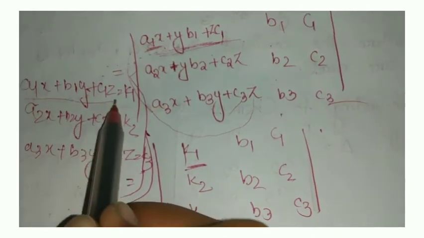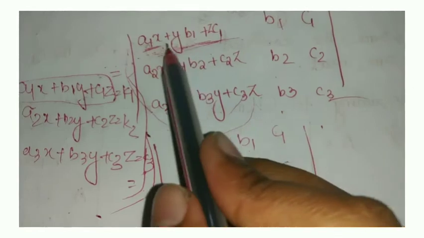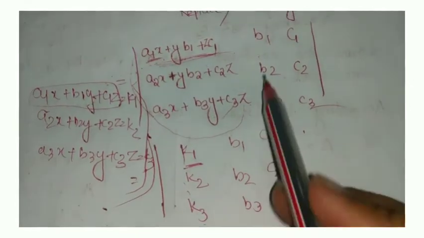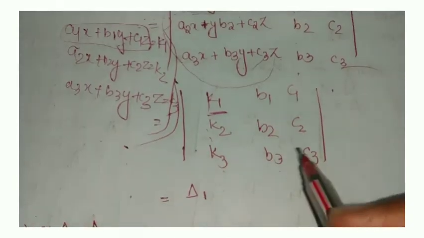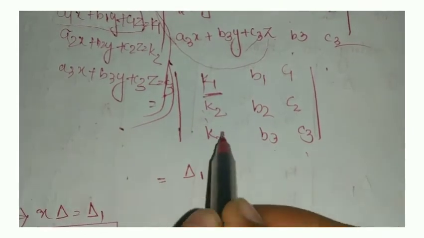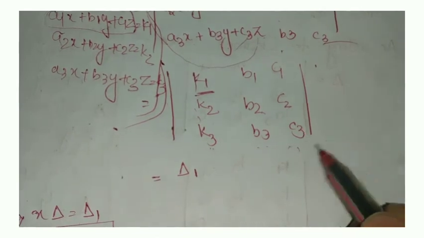So we write k1, k2, k3 in the first column, with b1, b2, b3 and c1, c2, c3. According to Cramer's rule, this determinant is equal to del 1.